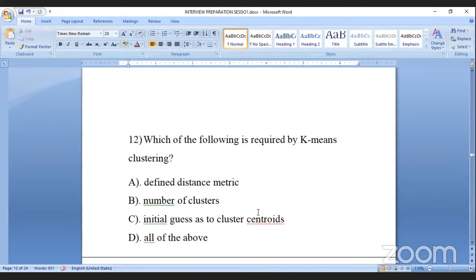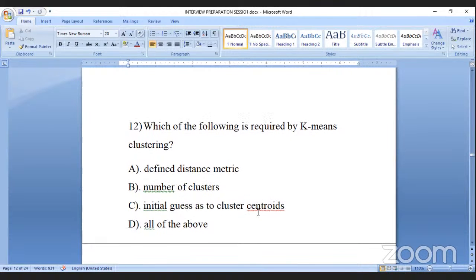Any responses, please? Number of clusters, good try. B. Okay. Option D. Okay. Sachin, D. Wonderful.